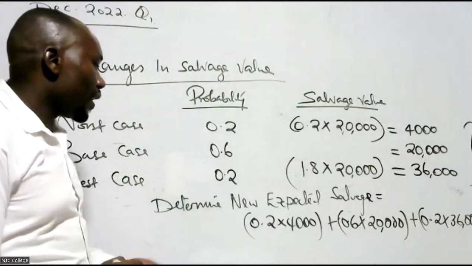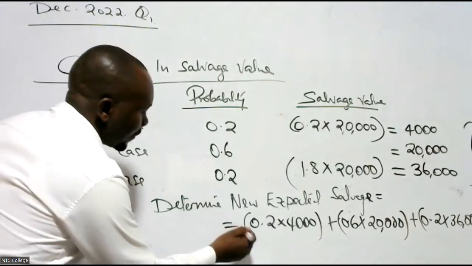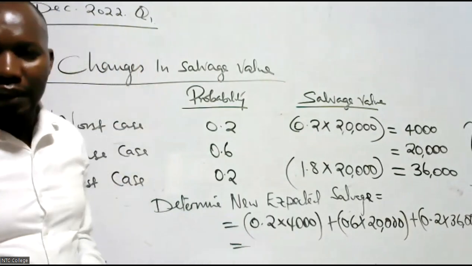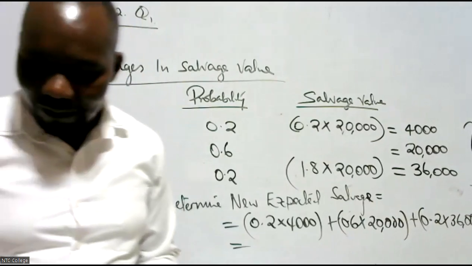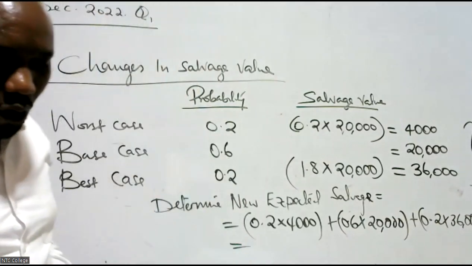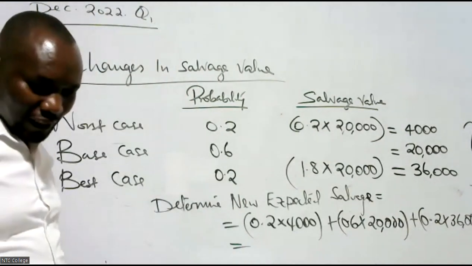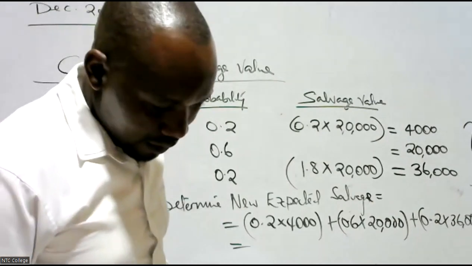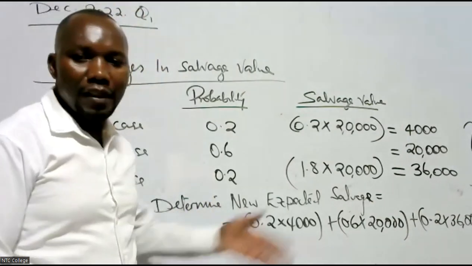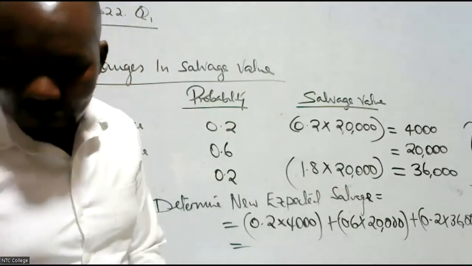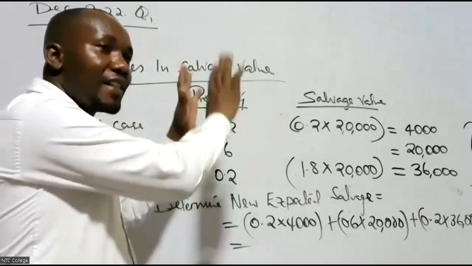Answer quickly: what is the new expected salvage value? The old one we know, the old one was 19, right? Yes, the old one was 19. So what is the new one after this change? Then we will use that to calculate the new NPV.